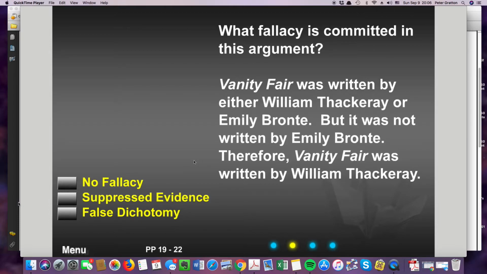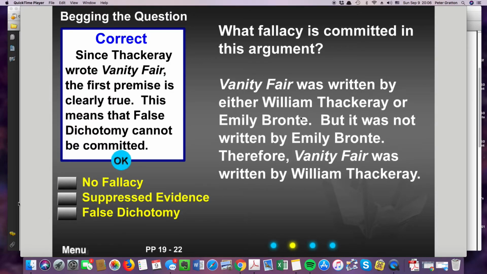Vanity Fair was written by either William Thackeray or Emily Bronte, but it was not written by Emily Bronte. Therefore, Vanity Fair was written by William Thackeray. Now, this could be a false dichotomy, but if you have a true either-or, just as in the example of Reno being in California or Nevada, then you don't have a false dichotomy.